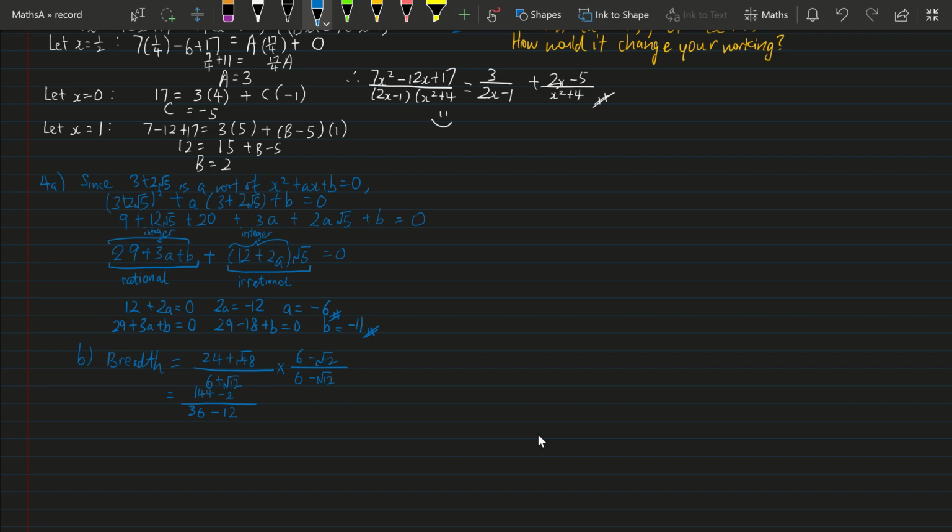Then this is 24 square root 12 plus 6 square root 48. Then the final number is a bit big, but not to worry. Minus square root of 576. Okay, so this is our entire thing.